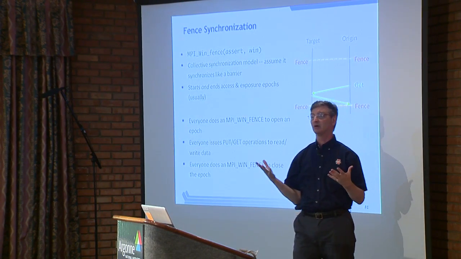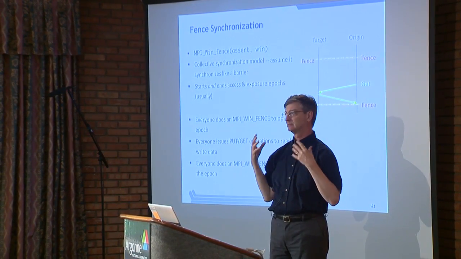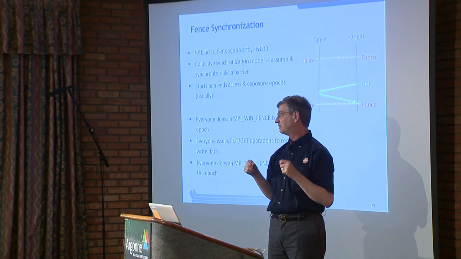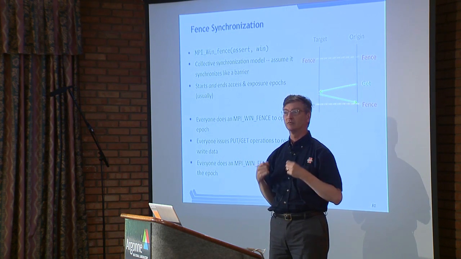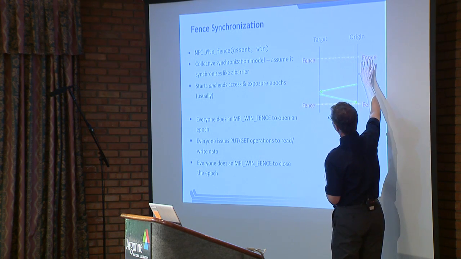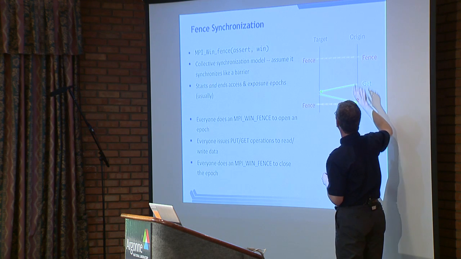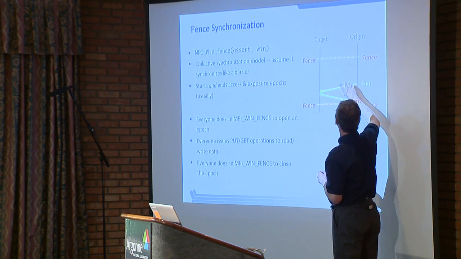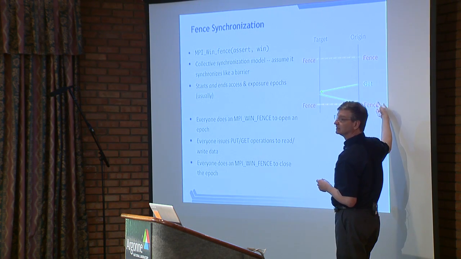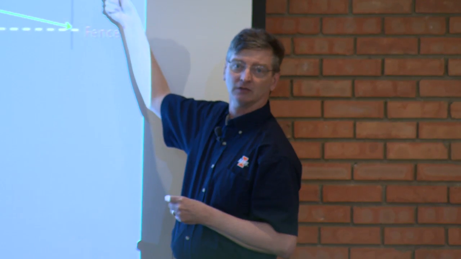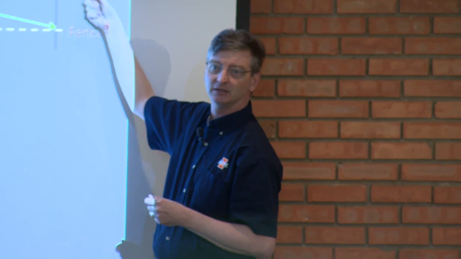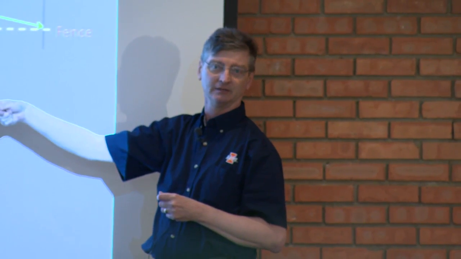In some cases, some systems have had hardware that provided a very fast fence operation. I mentioned a really fast barrier that you can do some things with. Some machines have provided a really fast fence. Okay. So one feature of MPI is you use fence to both start and complete. So you do a fence, you do gets, maybe you do puts, you do another fence. When this fence completes, you know that all of the RMA operations on that window have completed both locally and remotely.